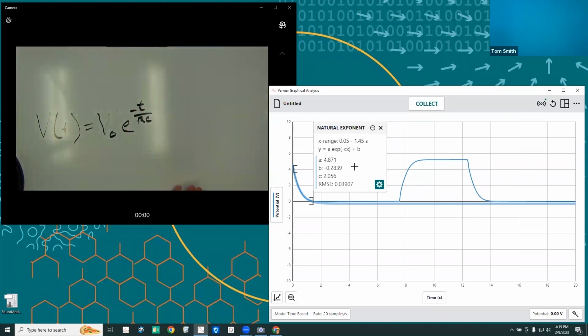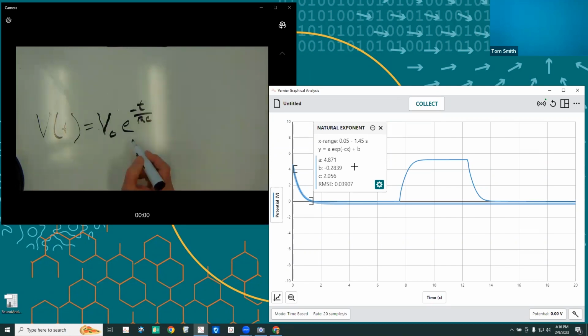RC is the resistance times the capacitance of that particular circuit. And I think it's worth unpacking this a bit for your students rather than just providing them this equation and explaining that, this is the equation that dictates this exponential decay.